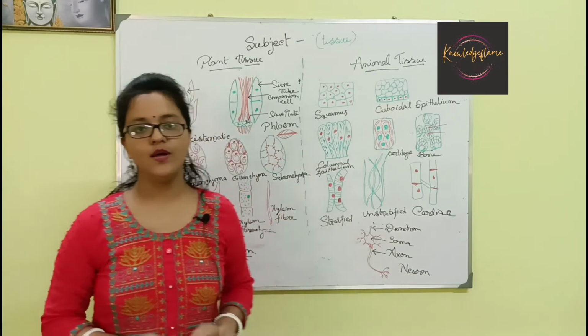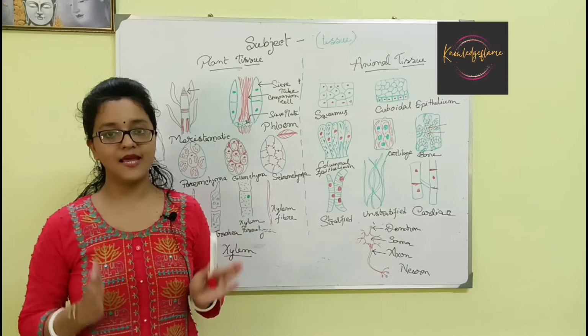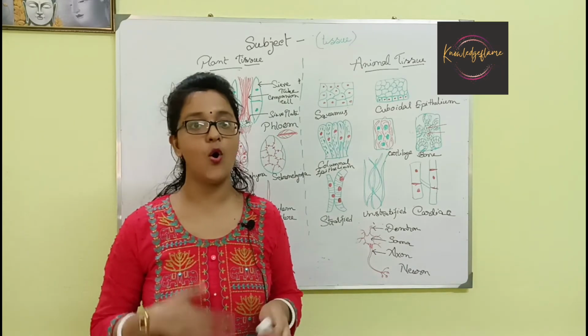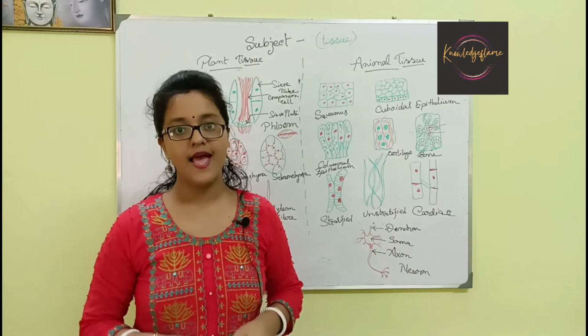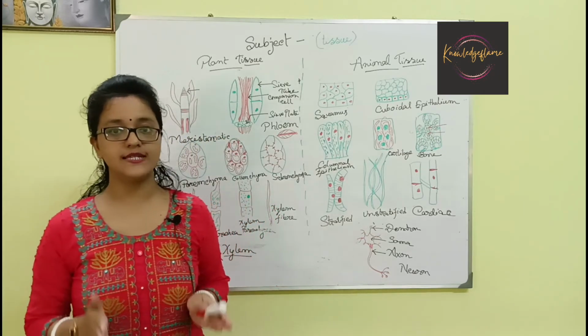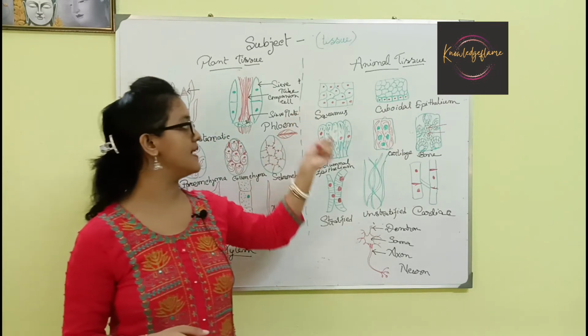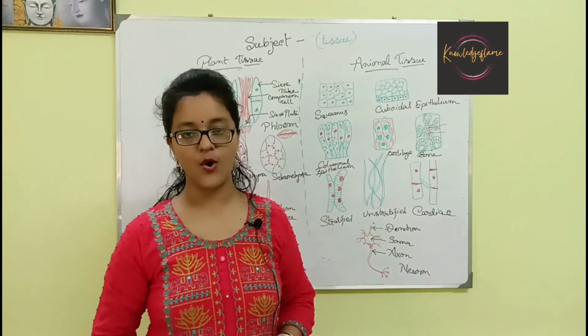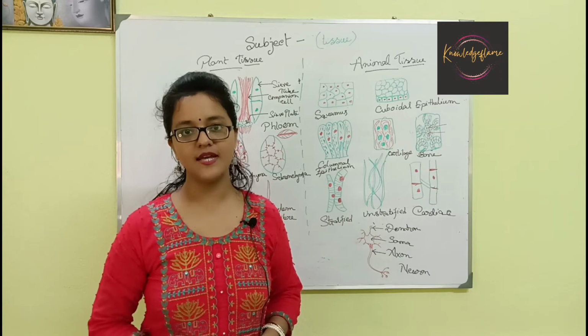Now these are the main functional and structural characteristics of all types of plant cells, and after that I will discuss animal cells. There are also different types of animal cells. First of all, I will talk about epithelial tissue.